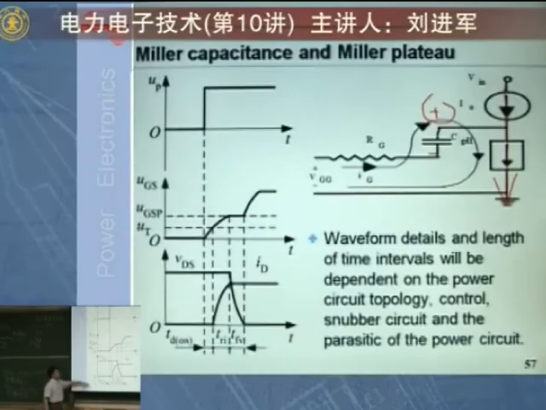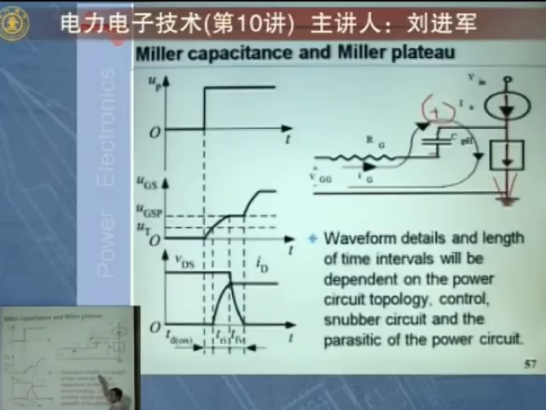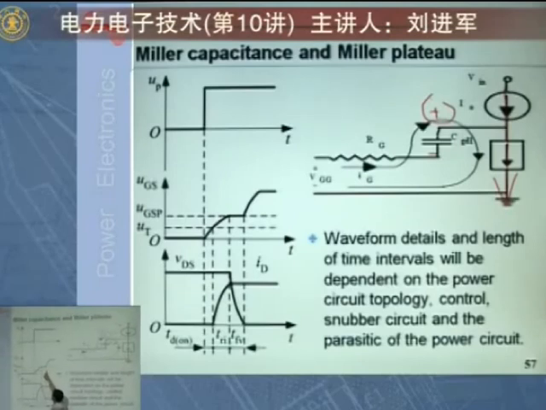The actual voltage between drain and source needs to decrease because of that capacitor. Only when the capacitor charge has decreased to zero will the voltage between gate and source rise again.